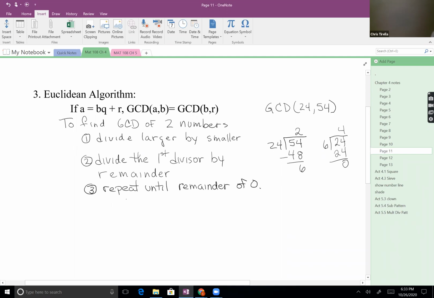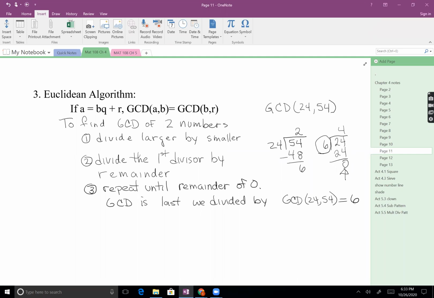The greatest common divisor is the last number we divided by. So the last number I divided by that gave me a remainder of 0 was 6. So the greatest common divisor of 24 and 54 is 6. How cool is that one?